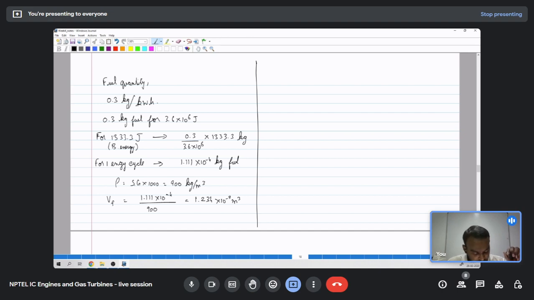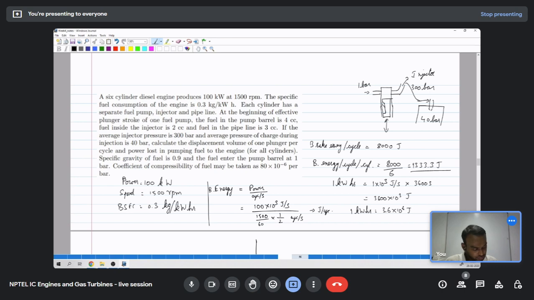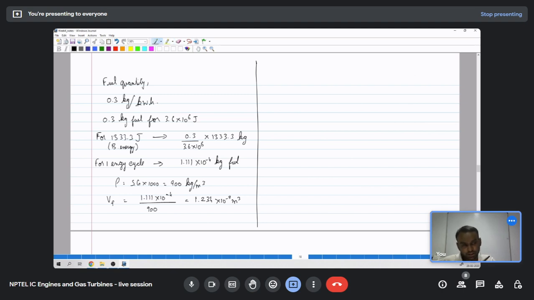Now we will convert this into cc, because we were given the fuel in the pump barrel as 4 cc, fuel inside the injector as 2 cc, and the pipeline as 3 cc. So it's better to have all the fuel volumes in cc.